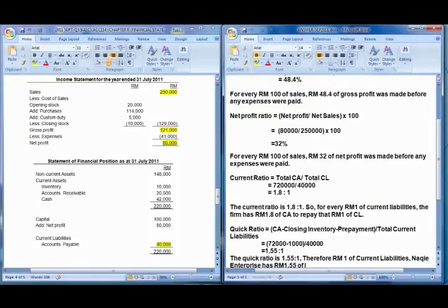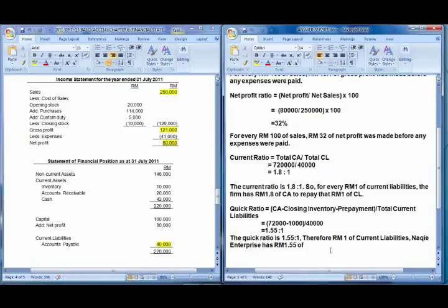Can you repeat, Saida? Therefore, for every 1 ringgit of current liabilities, Naki Enterprise has 1 ringgit and 55 cents of liquid asset to repay that 1 ringgit of liability.